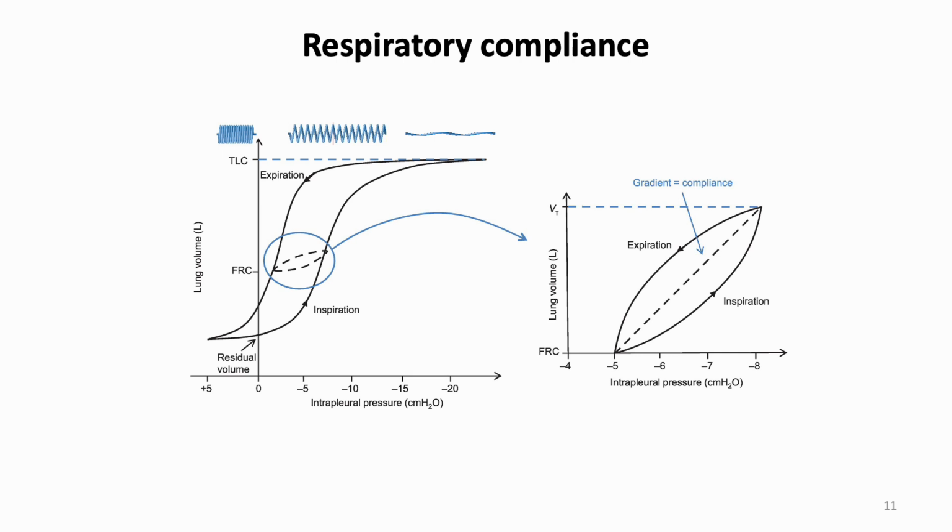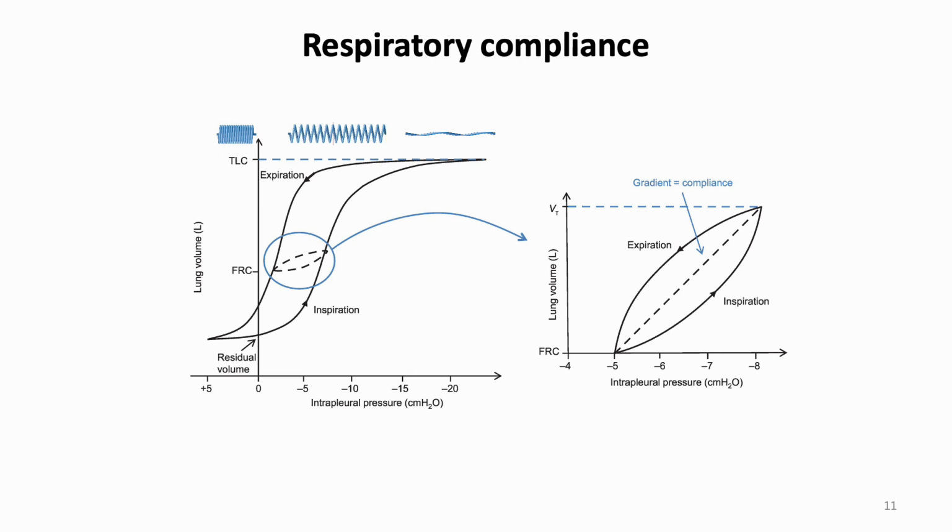And that is because the lungs become less compliant, or the whole system becomes more plastic, as we call it. And that's because a major determinant of the compliance of the lungs is the three-dimensional organization of the collagen and elastin fibers. But at very low lung volumes, they're completely compressed.